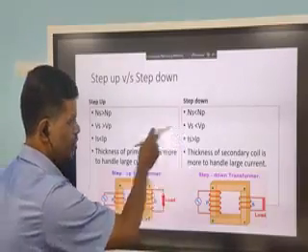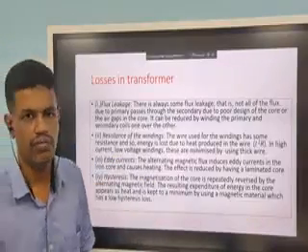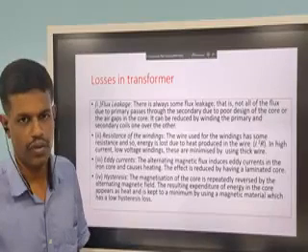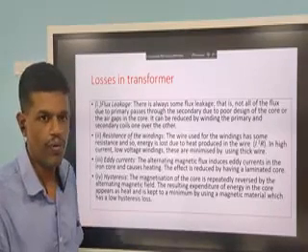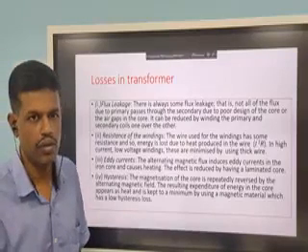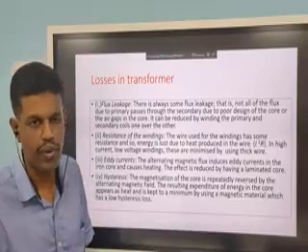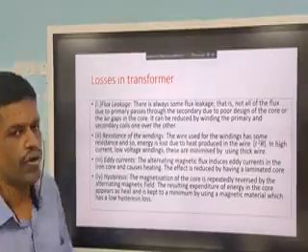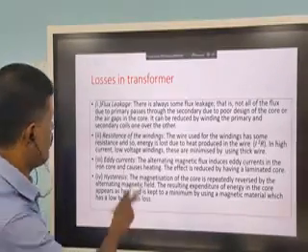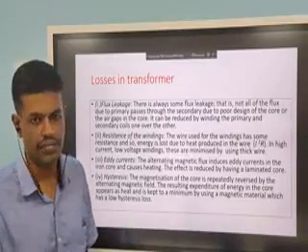Now, what care should we take while designing a transformer? Even though we have said that primary power is equal to secondary power, you will agree that this is not practically possible. There are many losses. How can we overcome these losses? One loss is flux leakage.